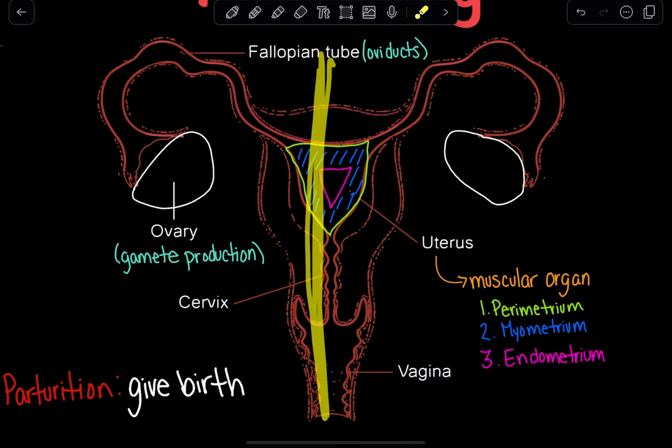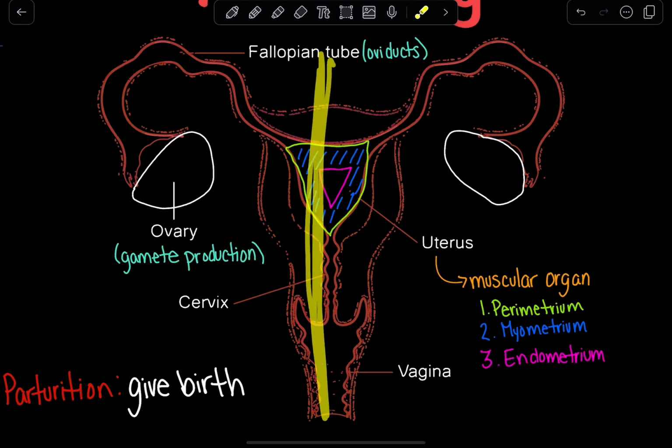But what is interesting is that when we talk about the egg release during each ovulation menstrual cycle for a female, only one of these ovaries will release an egg, and typically they will alternate each month on which ovary will release the egg. But let's say this ovary released the egg.